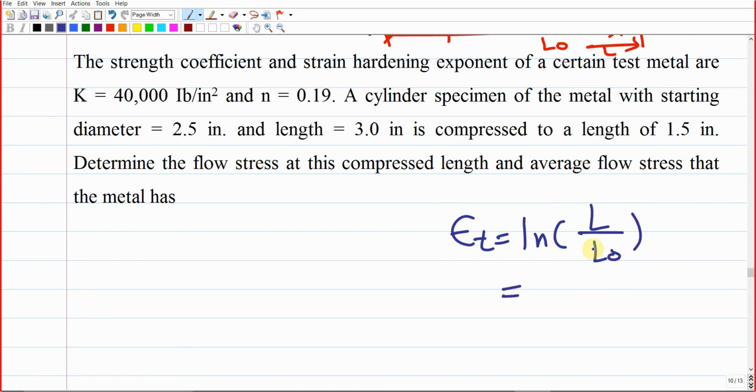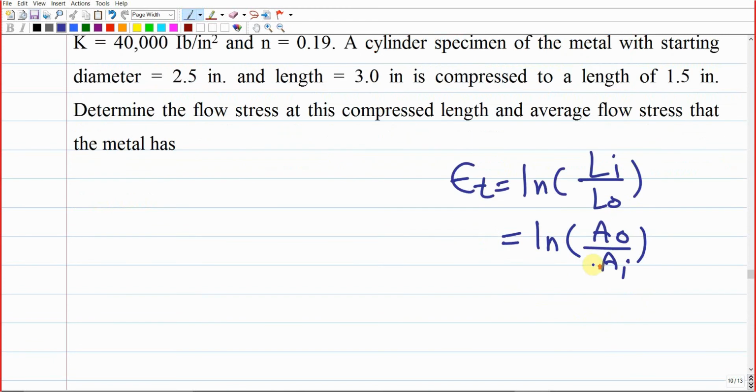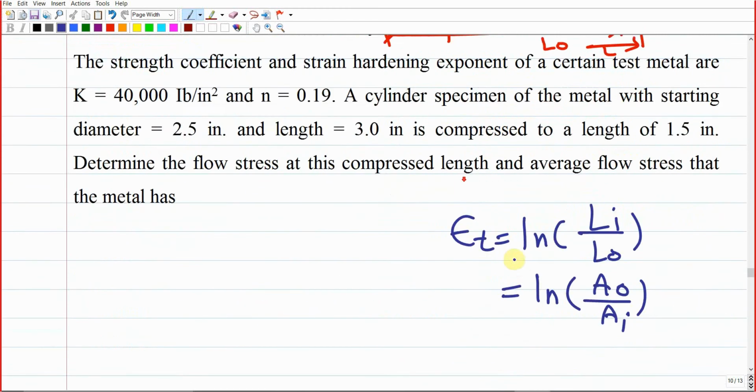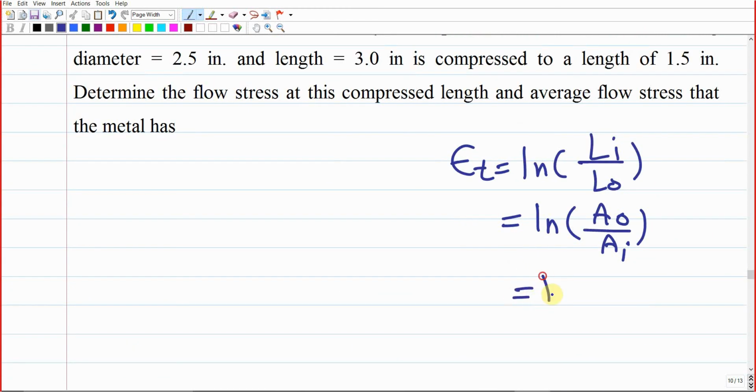If we decided to substitute with the diameter, since the volume is constant, this should give us A0 over A, the instantaneous area, right? And the area of the bar with a circular diameter should be ln of pi over 4 D0 square over pi over 4 D square, right?